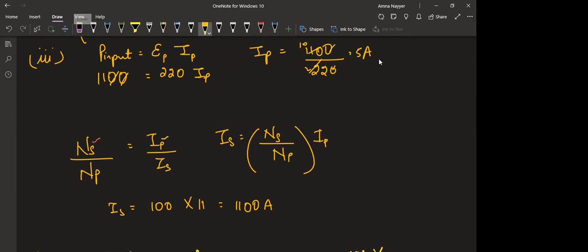So I think this will come to 5 amperes, no? Yes, ma'am, current in primary. So then the upcoming answers will also be the same. This was the transformation ratio. This will be 5.